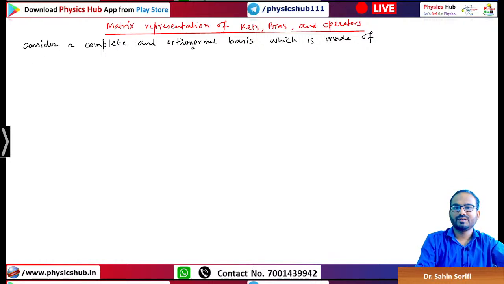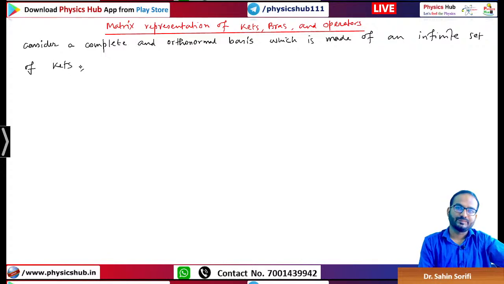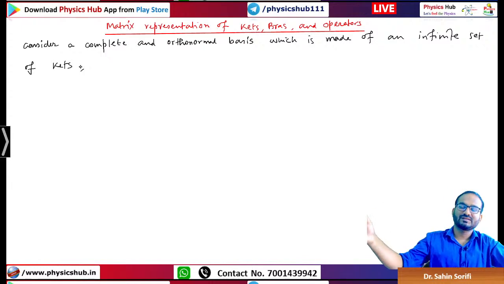Consider a complete and orthonormal basis which is made of an infinite set of kets. So you see, this is a general thing. In Euclidean space, you see i cap, j cap, k cap. These are the three basis vectors. They are linearly independent. So we are taking now a general set of complete and orthonormal basis, which is composed of infinite kets instead of 3.